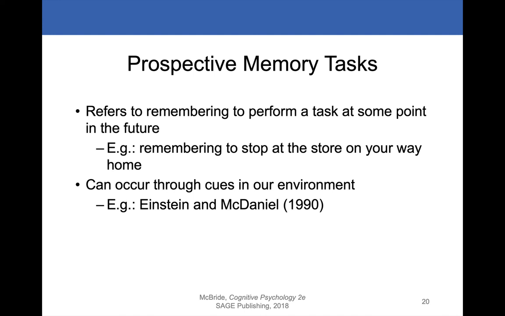And I'll tell myself, okay, when I see that billboard, it'll remind me that I need to go to the store to pick that item up for my spouse. So I'm driving along on autopilot, and then I see this billboard, and it's like, oh yeah, that reminded me, right? So you can use cues in your environment to help you remember prospective things that you have to remember for the future.